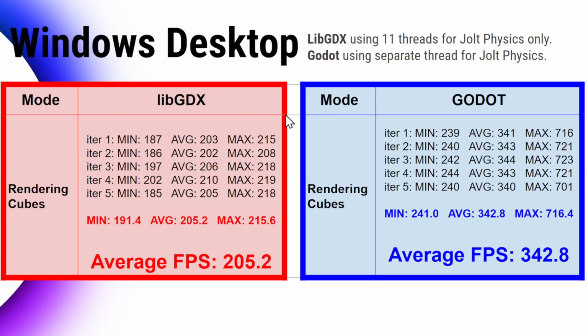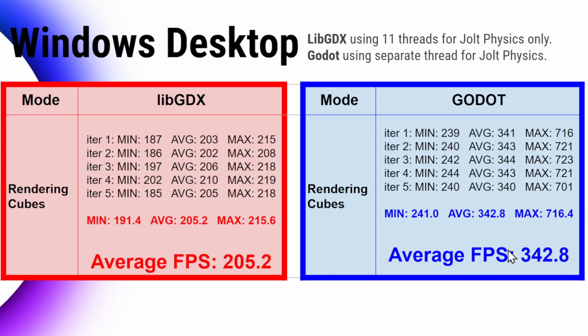Some indications I got: when I change the threads from 11 to 10 to 9 and 8, it only goes down a few FPS each thread. And by the way, in my runtime for libGDX you could set how many threads you want, so you could actually test to see what's going on and increase the threads.